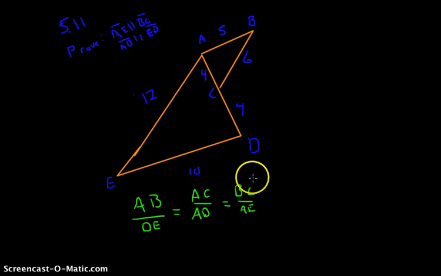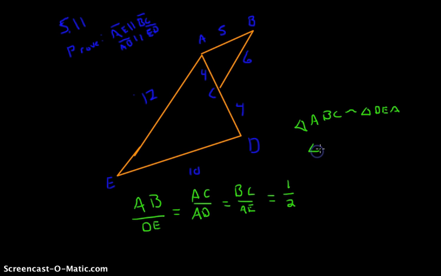If you plug all these numbers in, you get that all these ratios are equal to 1 over 2. So because of this, we get that triangle ABC is similar to triangle DEA because of side side side similarity.